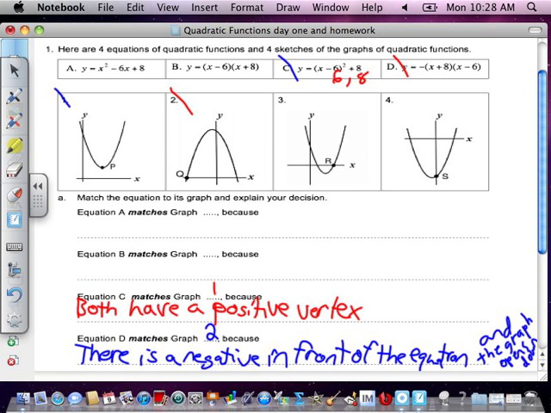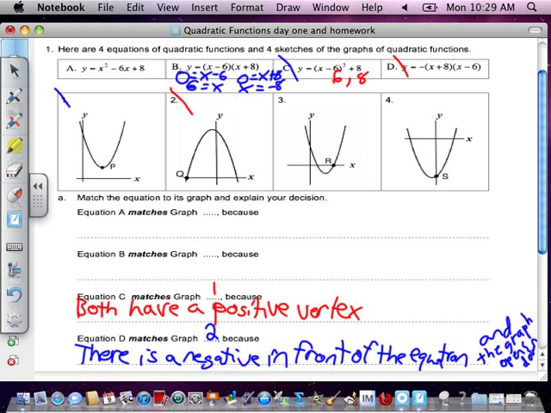All right. The next easiest one I see is B, because I can figure out really quickly what the roots are. I'm going to have 0 equals x minus 6 and 0 equals x plus 8. So I get positive 6 equals x and x equals negative 8.